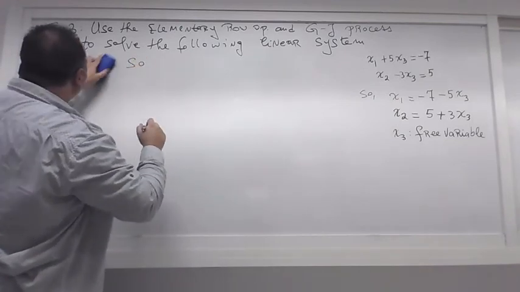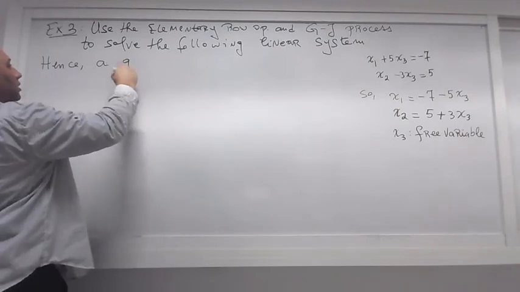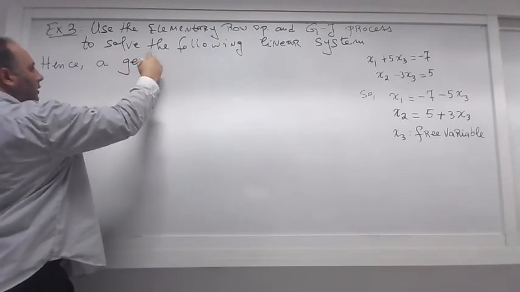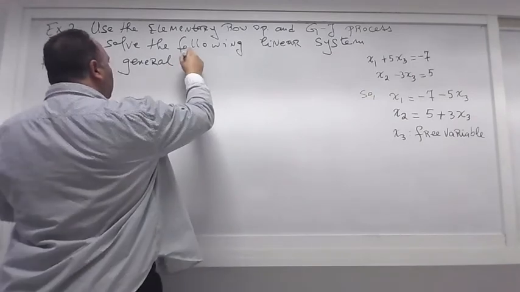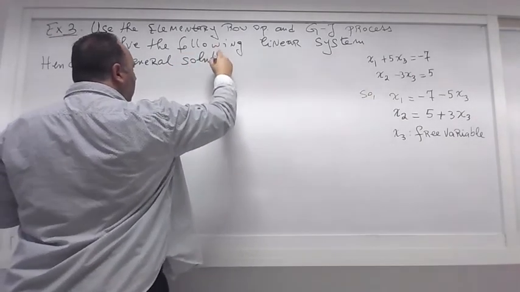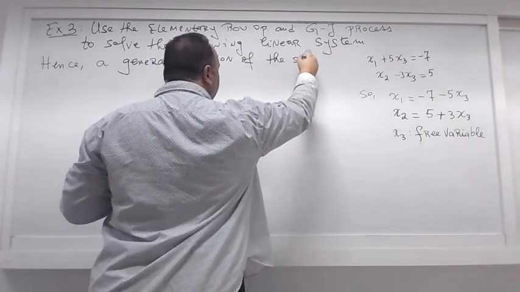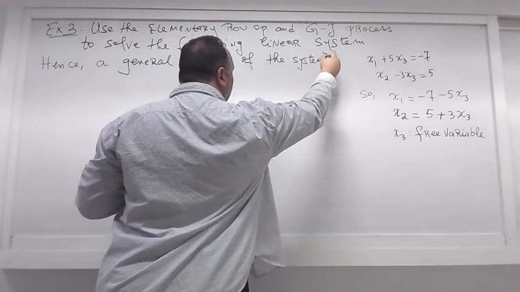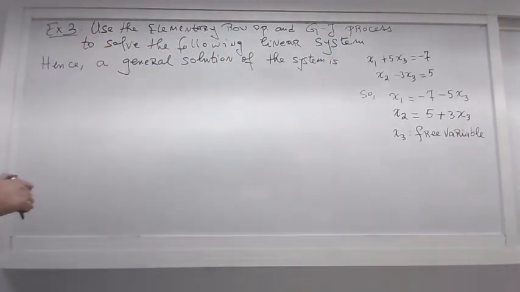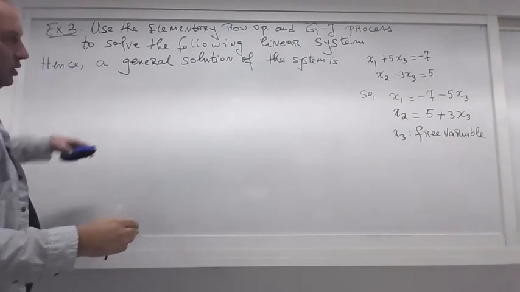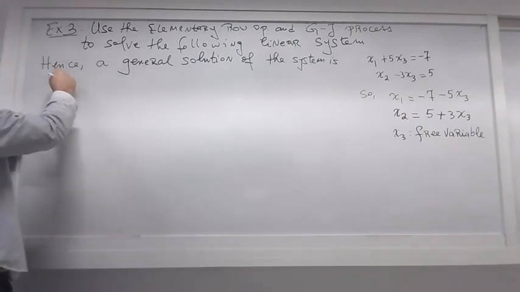okay, so let's not write this, let's write it in a more careful way. A general solution, this is just to fit with your book, of the system is, well, actually it's for the original system and all the other systems that we got from the original using elementary operations.